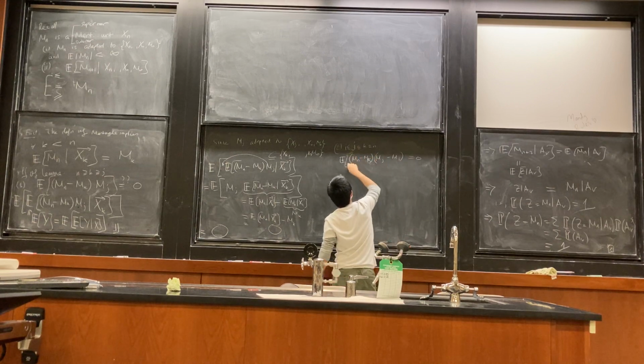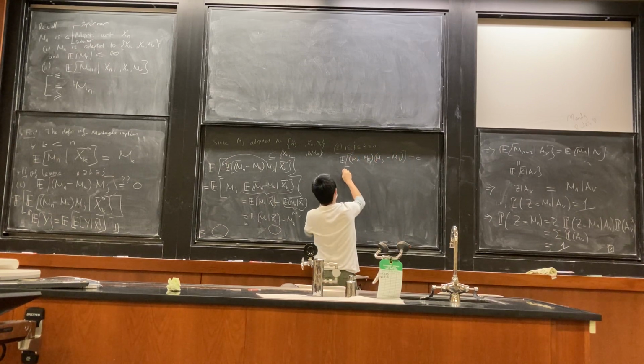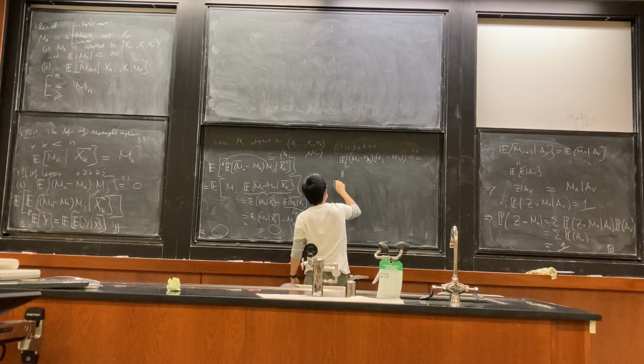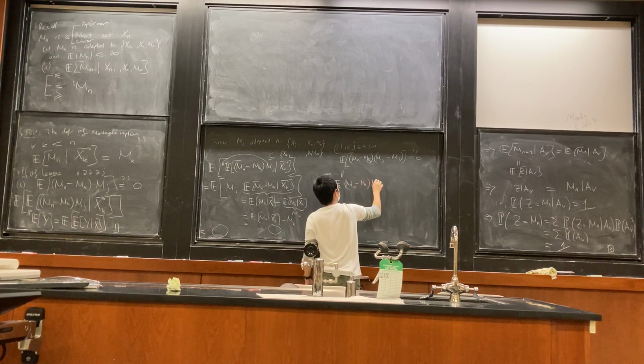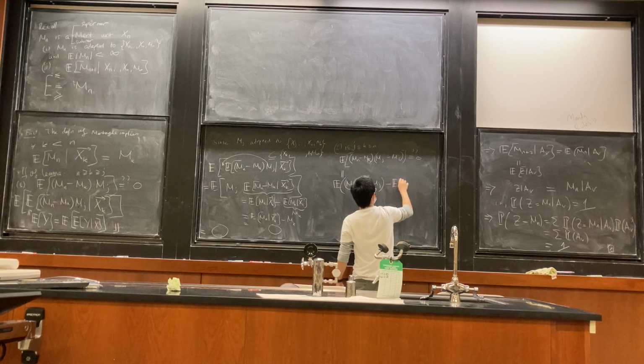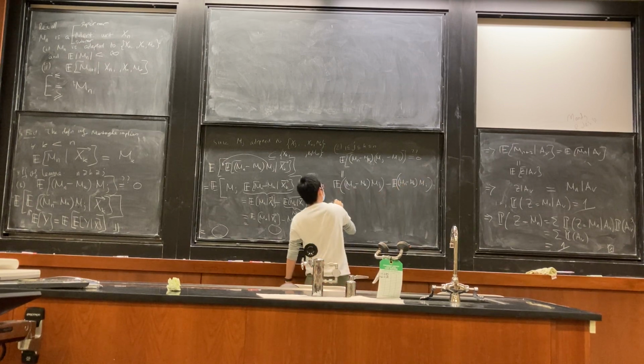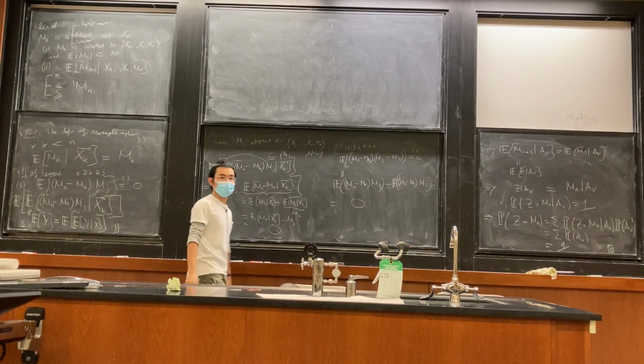So that is clear because this is equal to the expected value of M_n minus M_k times M_j, and then minus the same thing with M_i. So that is 0, basically.